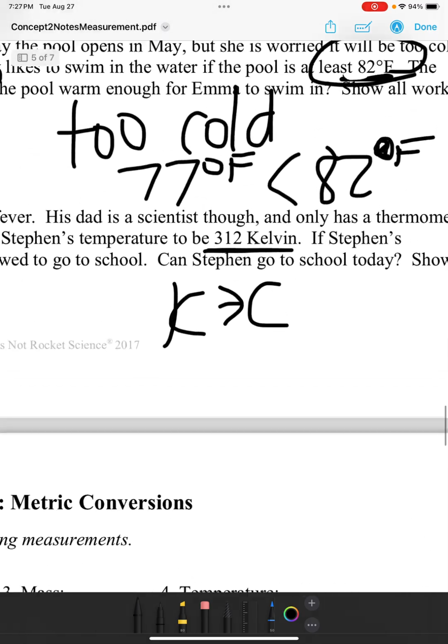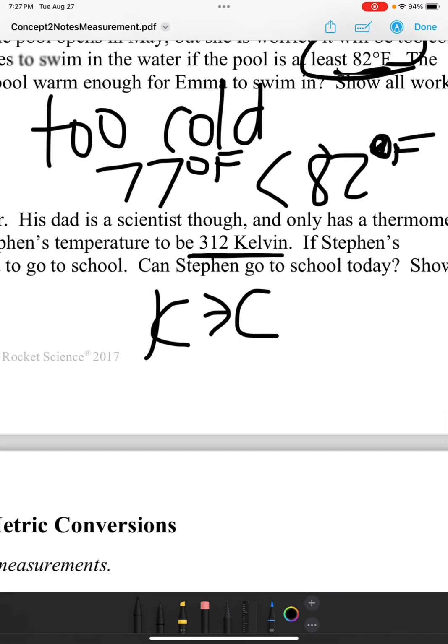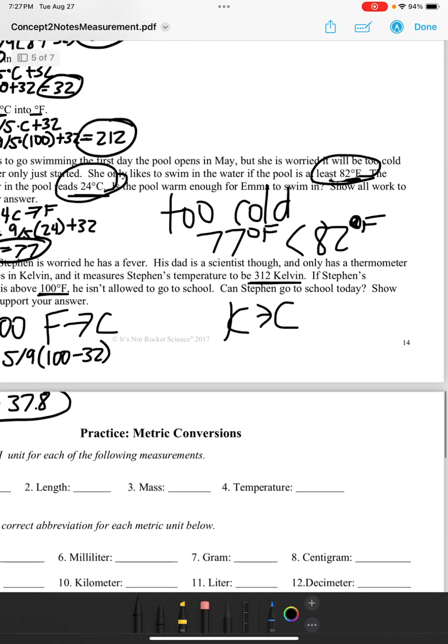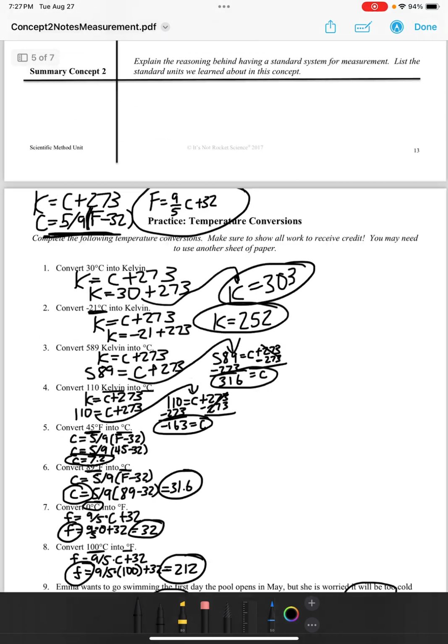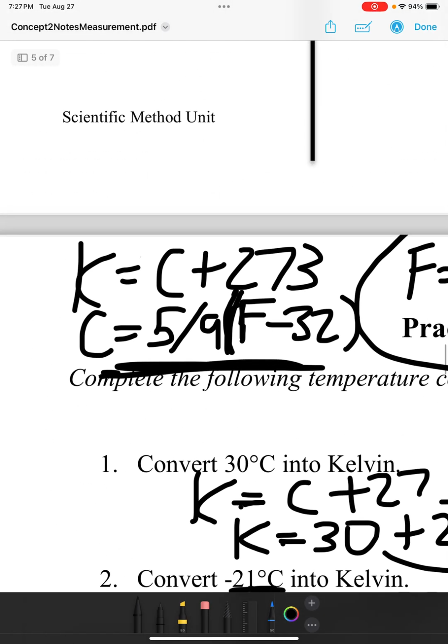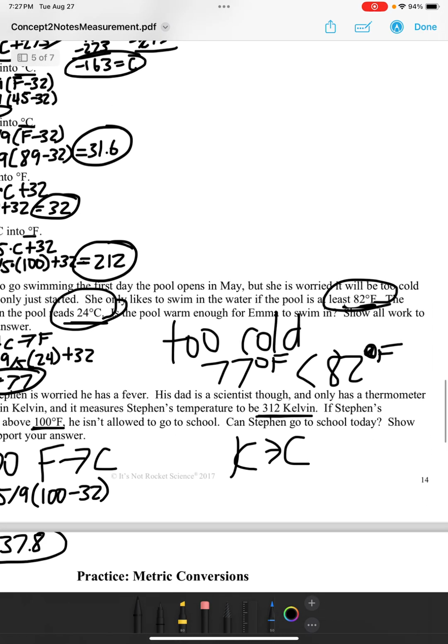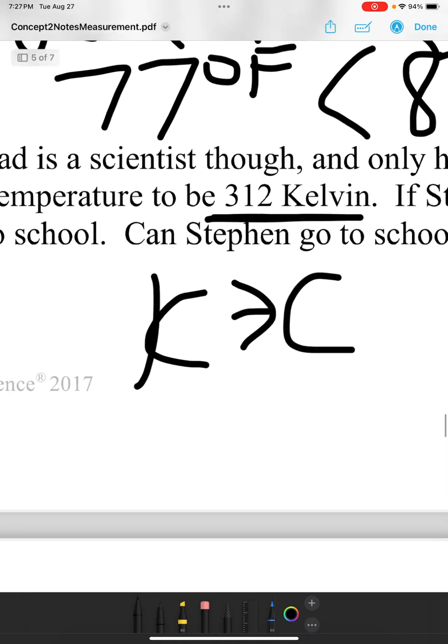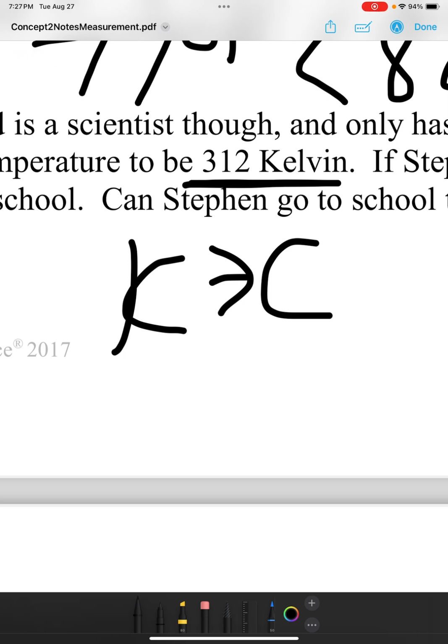Now we need to get the other one into Celsius so that we can compare them. So we need to get Kelvin into Celsius. That formula is the top one, K equals C plus 273. That's the only formula that deals with Kelvin and Celsius.